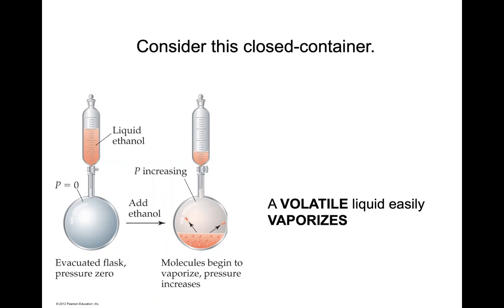If you've used that, you just put it on your skin, put it on your fingernail, you wait a second, and it just evaporates. It was a liquid right there, but it evaporates really quickly, and you can smell it. That's an example of a volatile liquid. A volatile liquid quite easily goes into the vapor. That's a term that I'd like you to know.